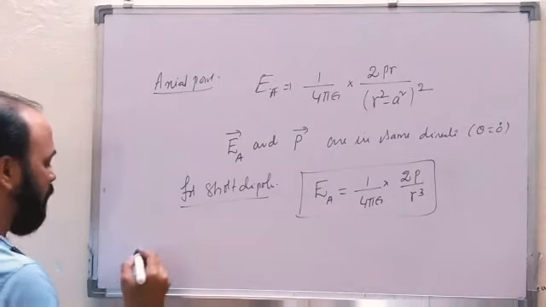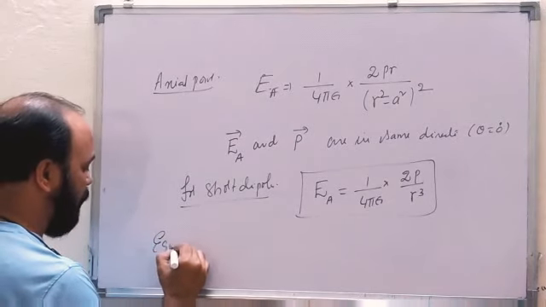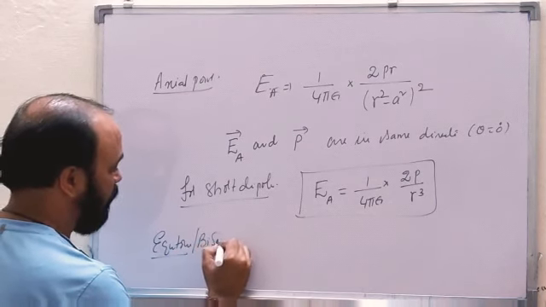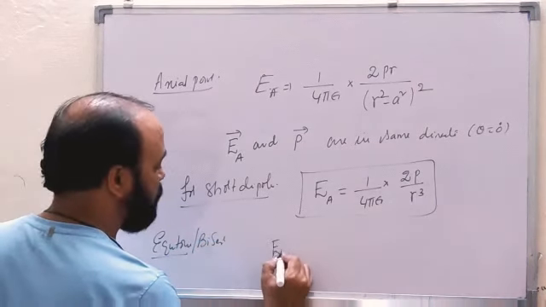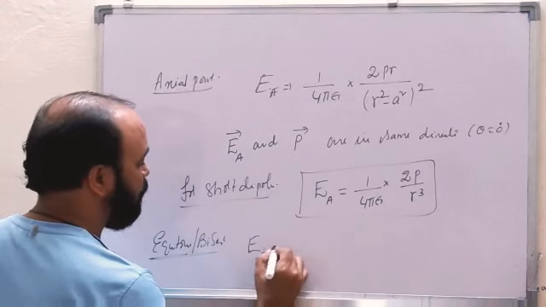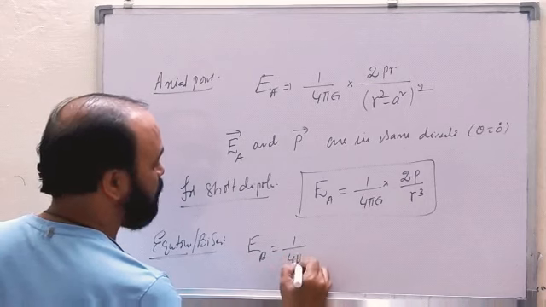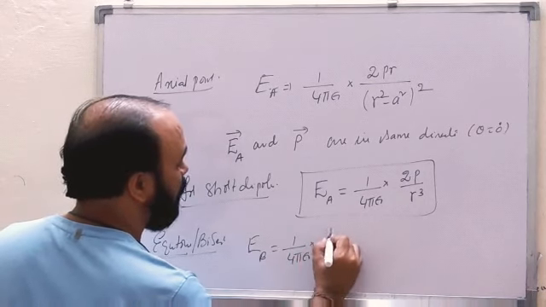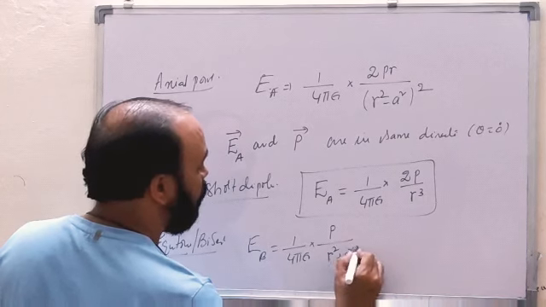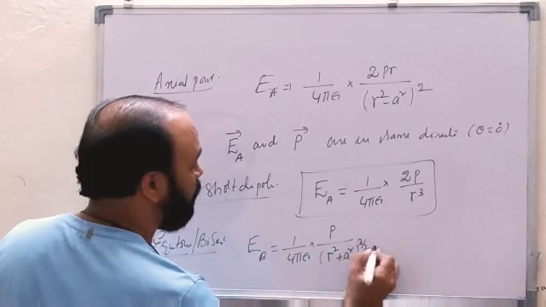Okay, for equatorial plane or bisectional line, EB equals to 1 by 4 pi epsilon naught P by R square plus A square whole power 3 by 2.